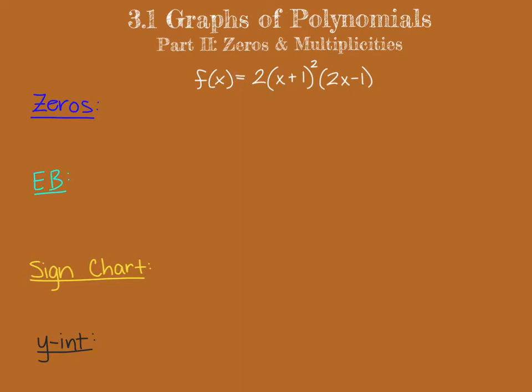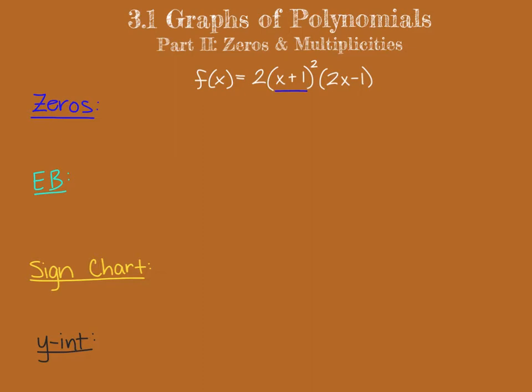So if we think about it being in factored form, if either this factor, or if 2 were to equal 0, then we have a 0. Now 2 can never equal 0, because it doesn't have an x in it, it's always 2. But if we think about what value of x makes this factor 0, we can see it's -1. And what value of x makes this 0? It is 1/2. I'm going to write that out algebraically, just so you can see it.